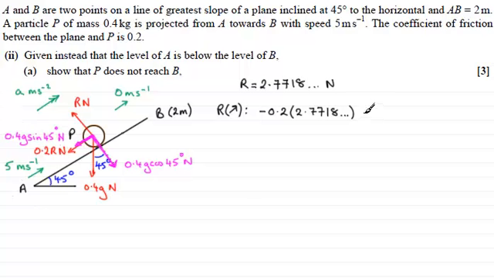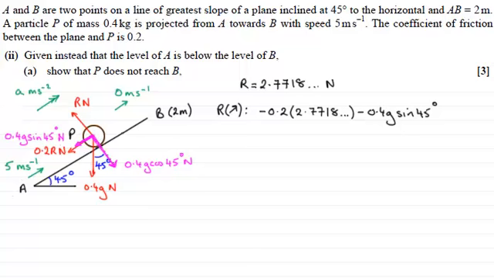And that will be in the negative sense. So if we take that into account, we've got minus 0.4 g sine 45 degrees. Okay? And this will be our resultant force acting on the particle down the plane.